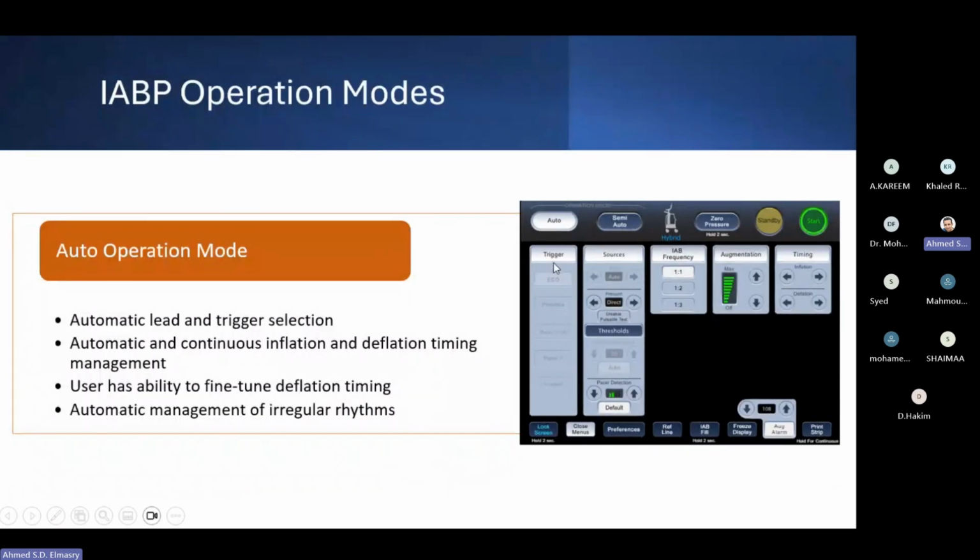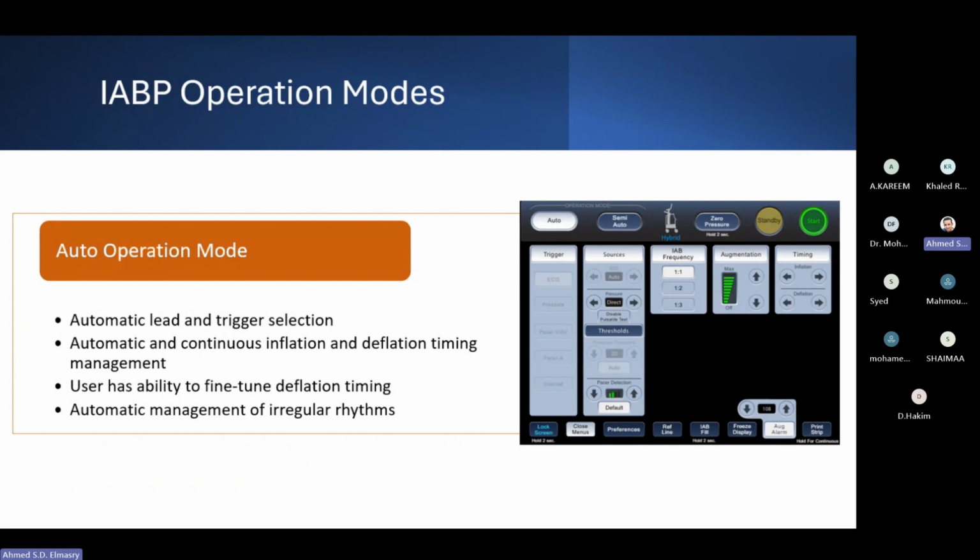Because the auto mode will be able to detect the best trigger for the patient, and this can manage the patient, especially with tachycardia and arrhythmia. So it will give you the best inflation timing for the patient.